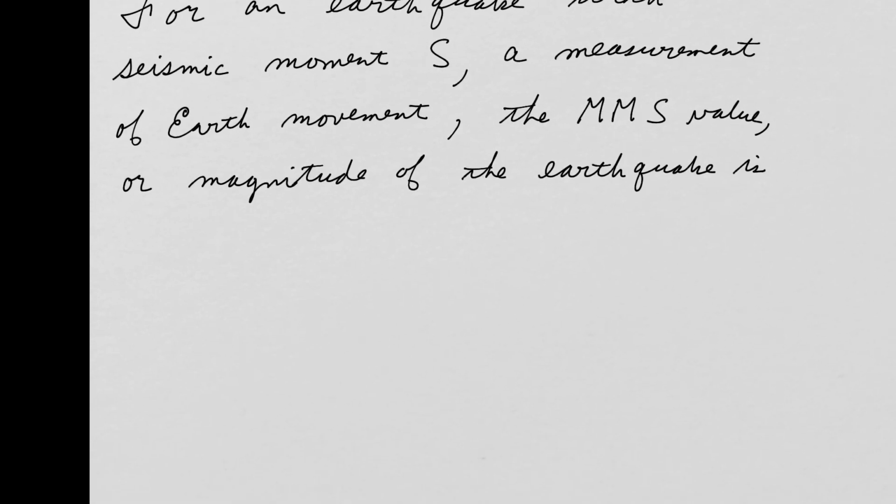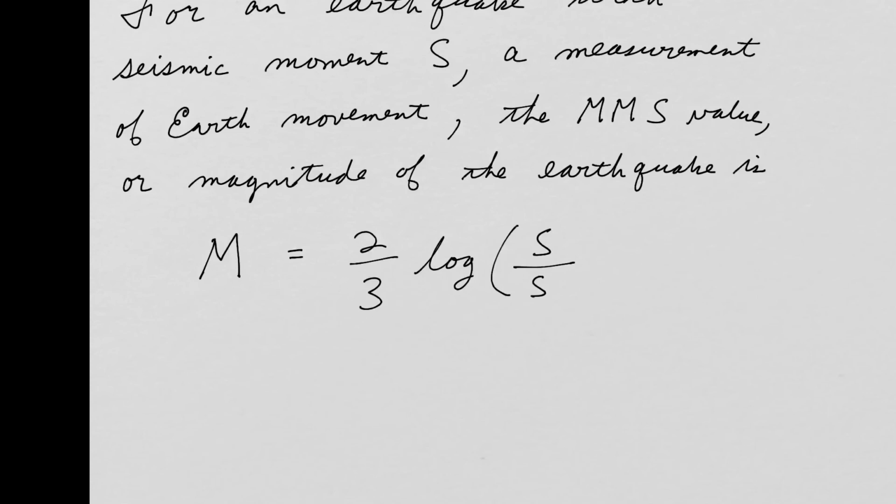It's M, so that's going to be the magnitude of the earthquake. That's the MMS value. That's equal to, I'm just calling it M now, 2/3 log of S, remember that's the measure of the intensity, the seismic moment, divided by S sub 0.